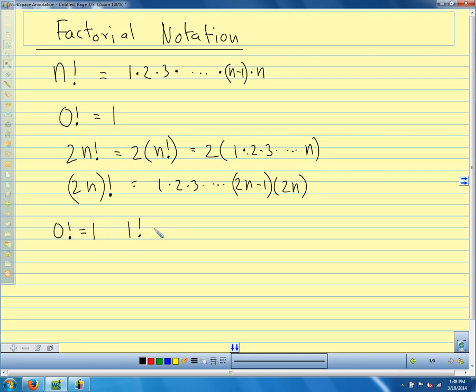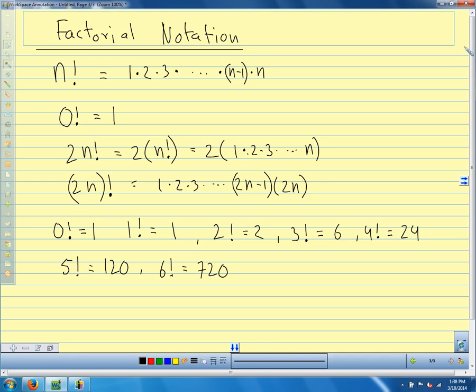What would be 1 factorial? 1. 2 factorial is 2. 3 factorial, 6. 4 factorial, 24. 5 factorial, what is it? 120. 6 factorial, 720. I'll stop there. So factorials get very large very fast. 10 factorial is a huge number.